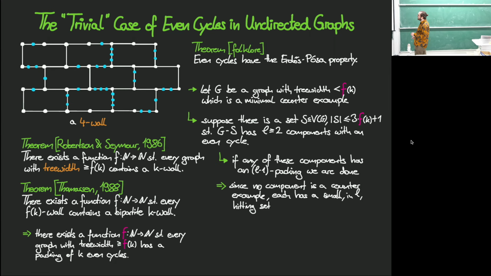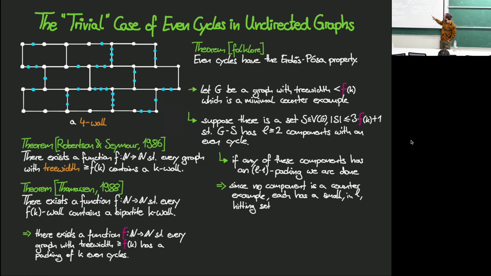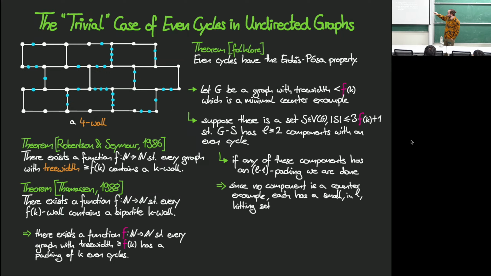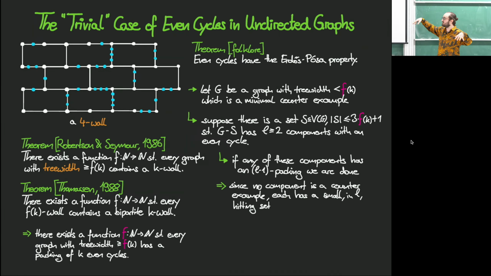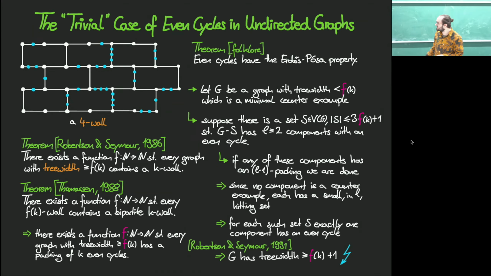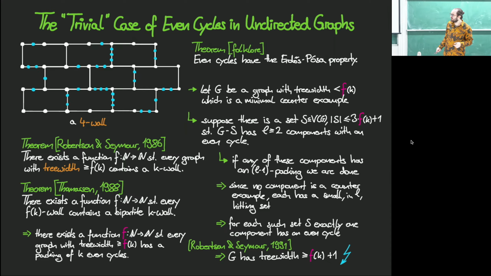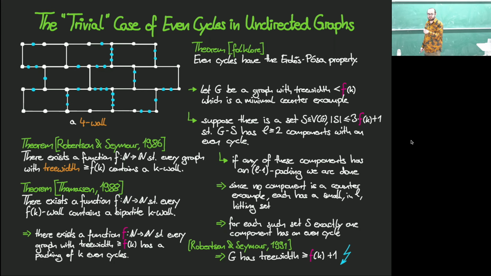But so if I have at least 2 such components, I'm happy. So this means I find in each of them a small hitting set, and because again the number of components is bounded, I delete a bounded number of vertices altogether with this set S here to remove all of the even cycles from the graph. And so this means for each such set that is small enough, there's exactly 1 component that has an even cycle. And this is the leap I'm taking.